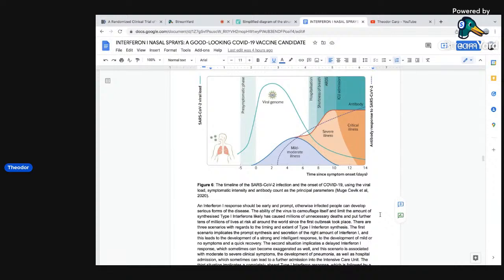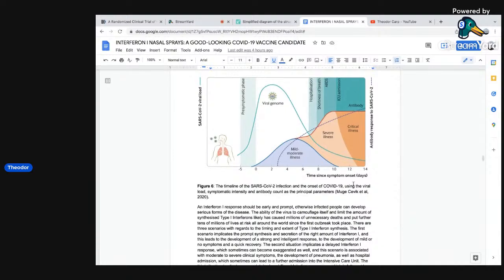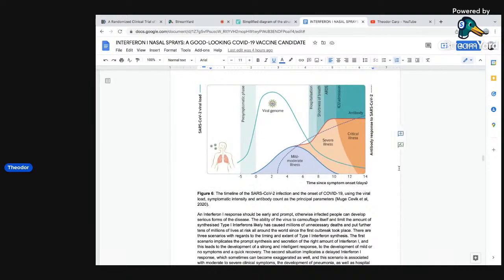And the way we can discern the right time from the wrong time, for example, is for infected people who already have had some symptoms, if they get a positive antibody test, they should not be receiving the nasal spray because antibodies are built generally after the viral peak has been reached.